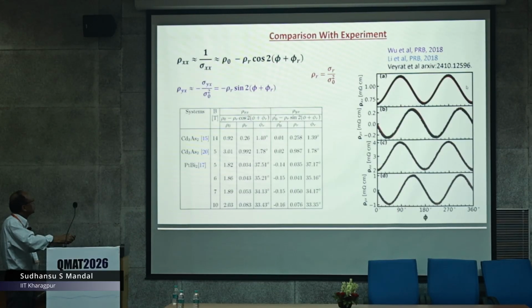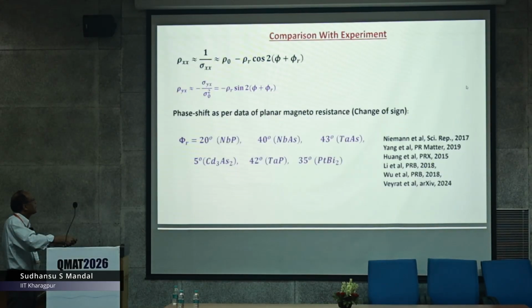For example, here phi r from rho xx and rho yx is giving the same value. Similarly for this experiment, 1.78 and 1.78, and for this experiment it's 37 degrees, and this is also 37, and 35, 35 for different magnetic fields. So it agrees quite well with the experiment.